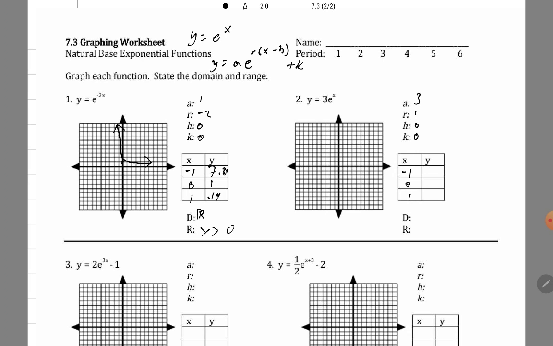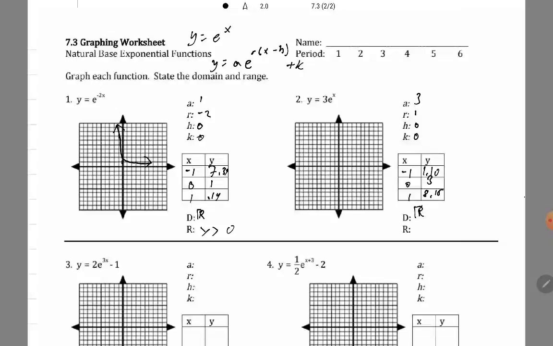So my h value is 0, so I'm using 1 and negative 1. So you're using numbers around your h value for your x's, and then you plug it into your calculator. Negative 1 gives 1.10, 0 gives me 3, and 1 gives me 8.15.